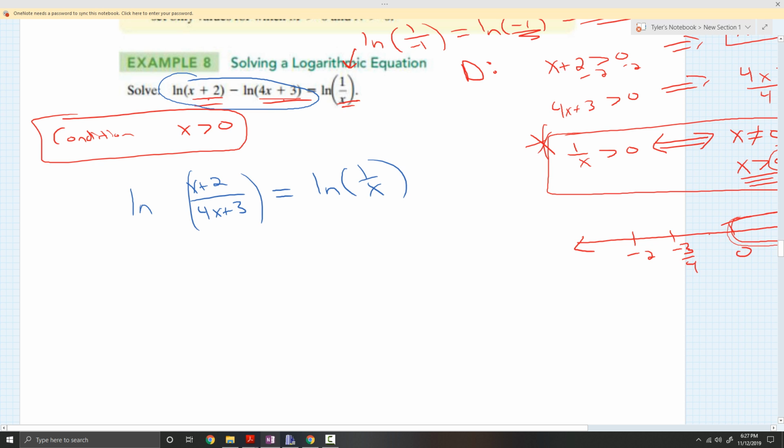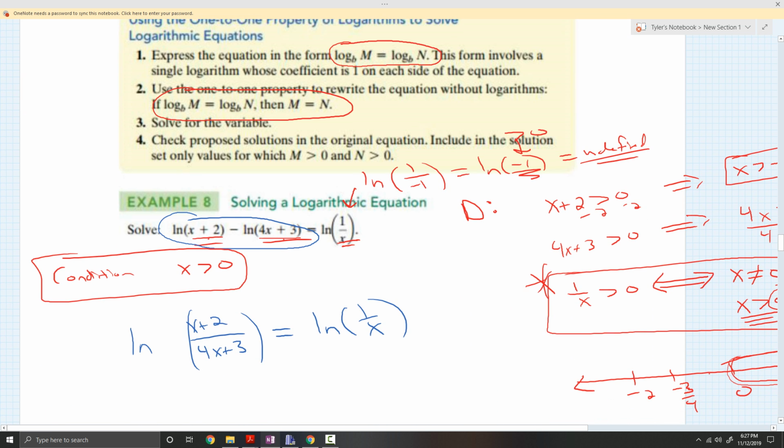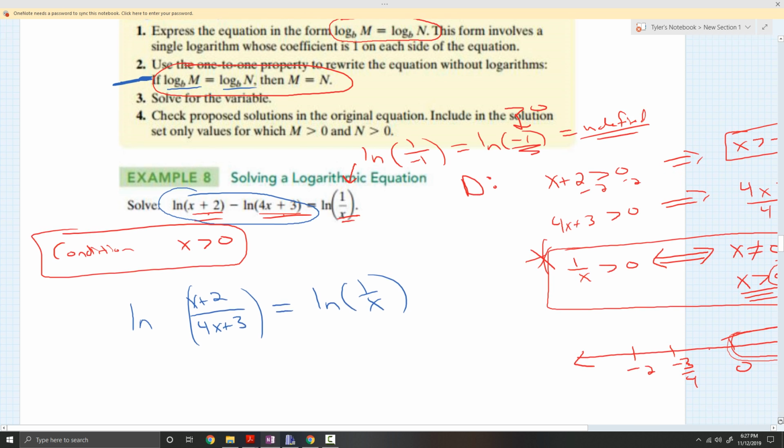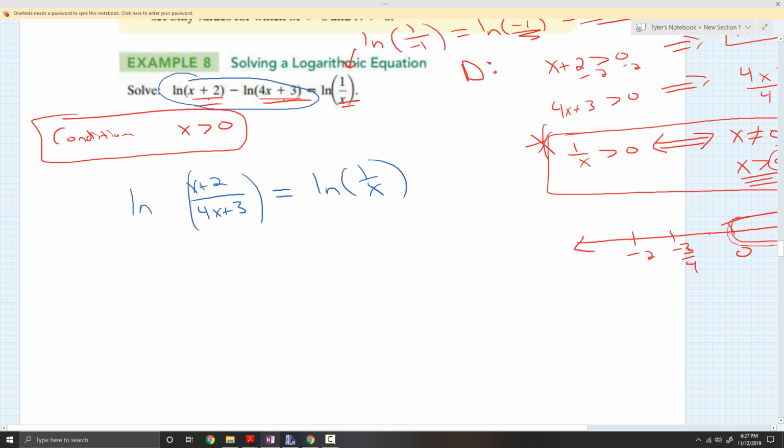Now we're using the property presented, circled in red right there. We have this setup with the same base, both base e. So this means that these two things are equal without the logarithms as well. So (x plus 2) over (4x plus 3) must be equal to 1 over x.